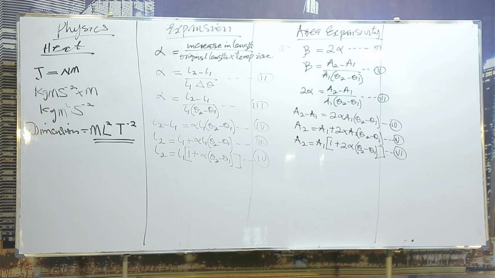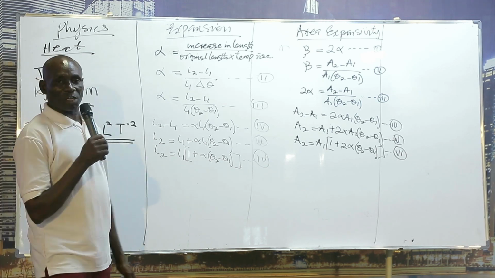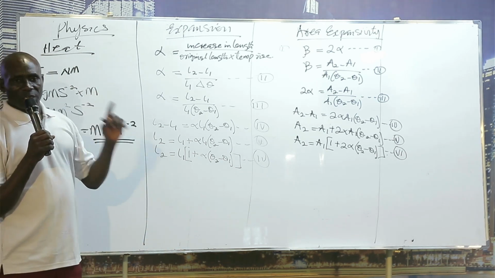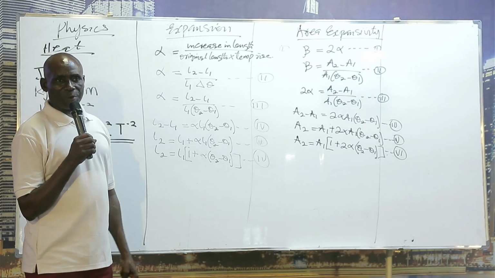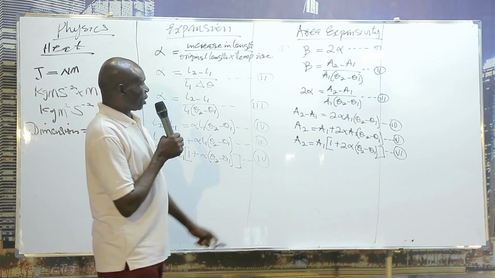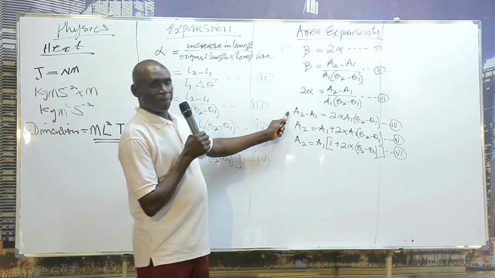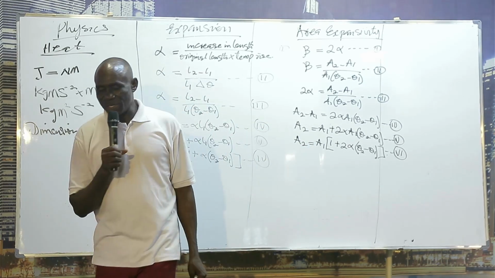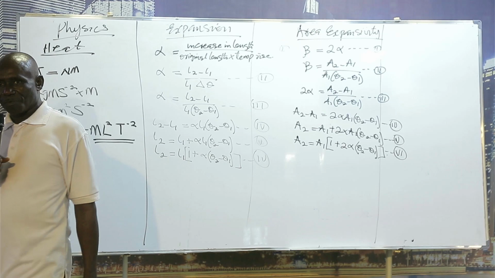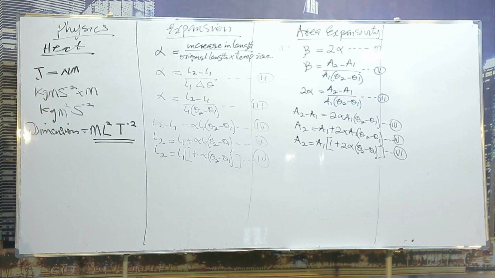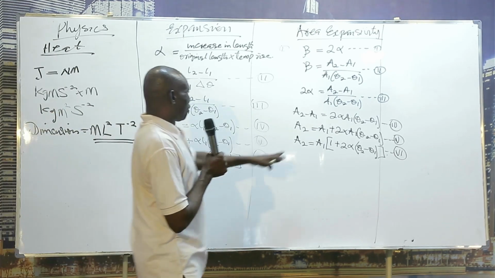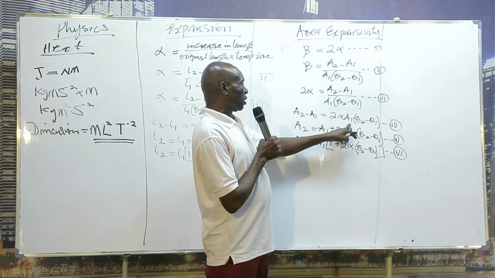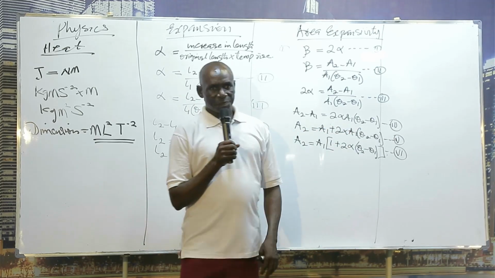Now, for this area, what am I going to call equation 4? Please look up here. Look at equation 4 here. A2 minus A1 has 3 names, and the same names are given to 2 alpha A1 change in temperature.